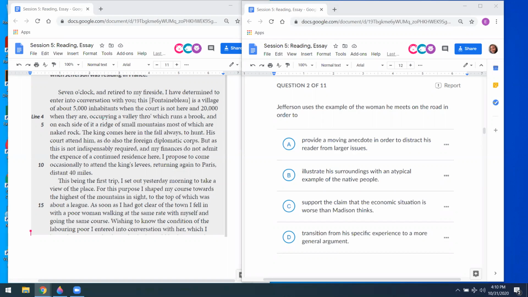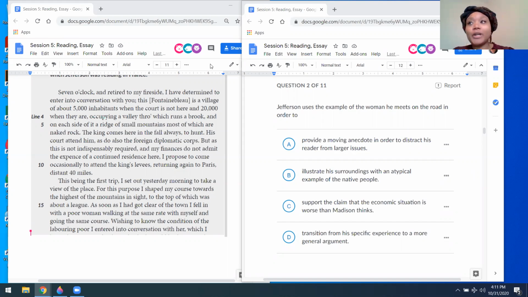Then for B, to illustrate his surroundings as a typical example of the native people, it didn't seem like what he was really trying to say, because it didn't seem like the answer that would go with the anecdote. So I discarded that one. And for C, about the claim that the economic situation is worse than Madison thinks, he doesn't really mention anything about Madison, but instead Jefferson is telling Madison his own perspective of it. So I discarded C as well.